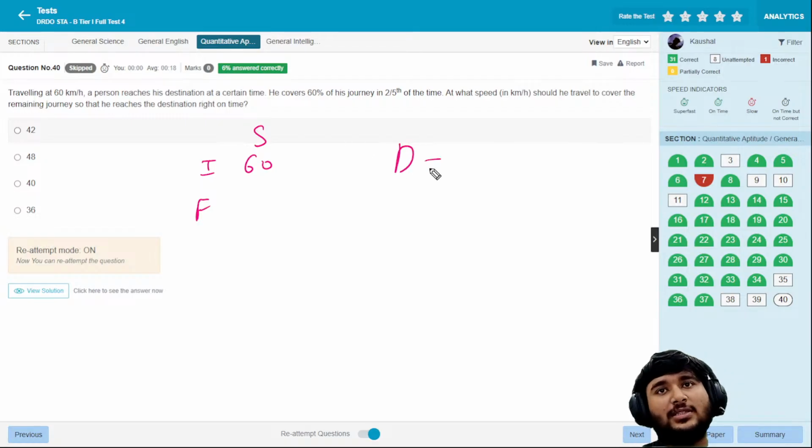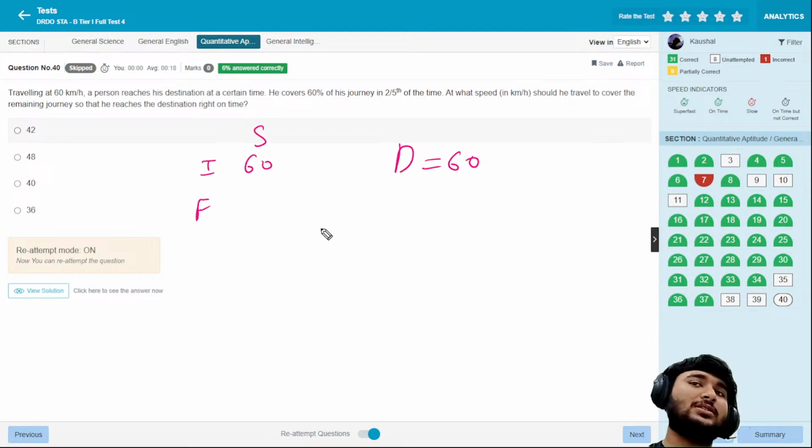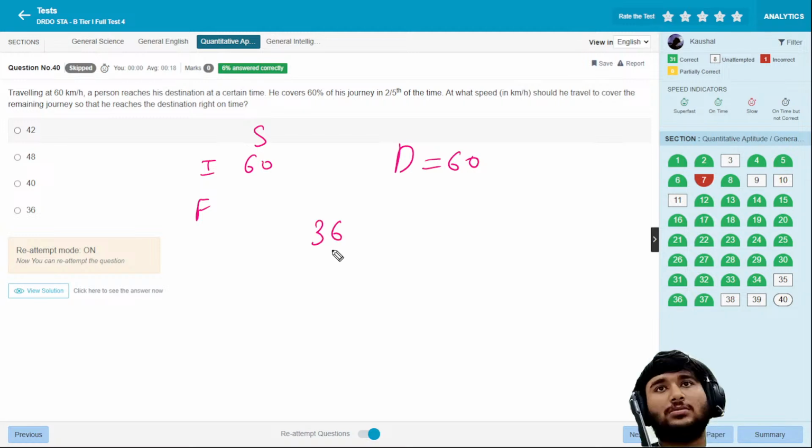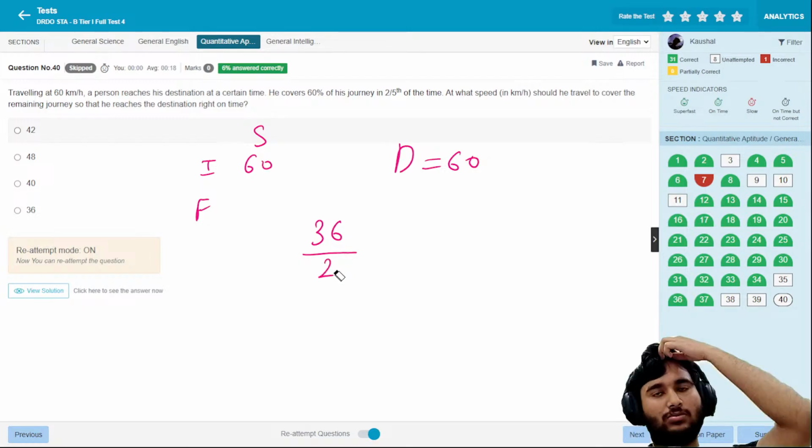I assumed distance is 60. He covered 60% of the distance, 36 kilometers he covered in 2/5 of the time. That means instead of 1 hour he took 3/5.